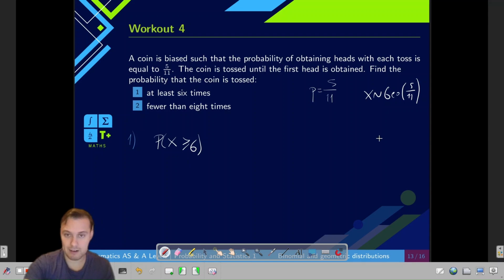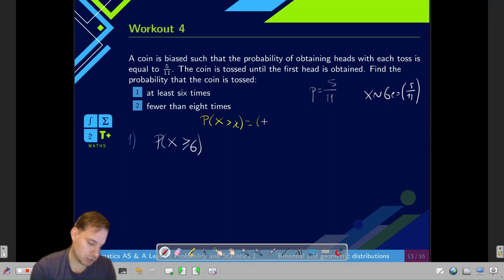Remember the formula we mentioned earlier: the probability that x is greater than a value lowercase x is equal to (1 minus p) raised to the power of x. Remember that x greater than a value means that your first success is after that instance, so all of the previous values were a failure. So that is failure raised to the power of x.